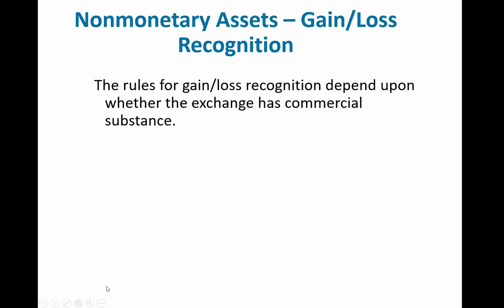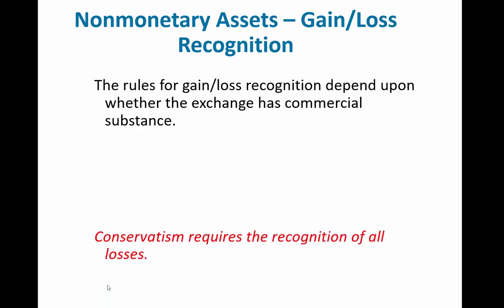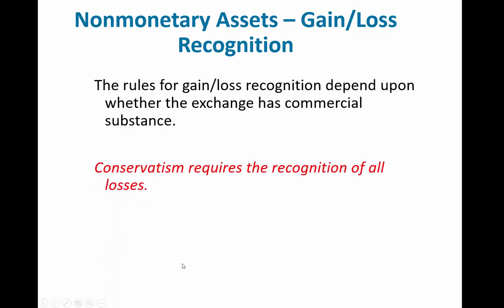So we look at whether or not the particular exchange has commercial substance. And we always remember that we always recognize loss. If the fair value is less than the book value, then you have to recognize a loss right away.